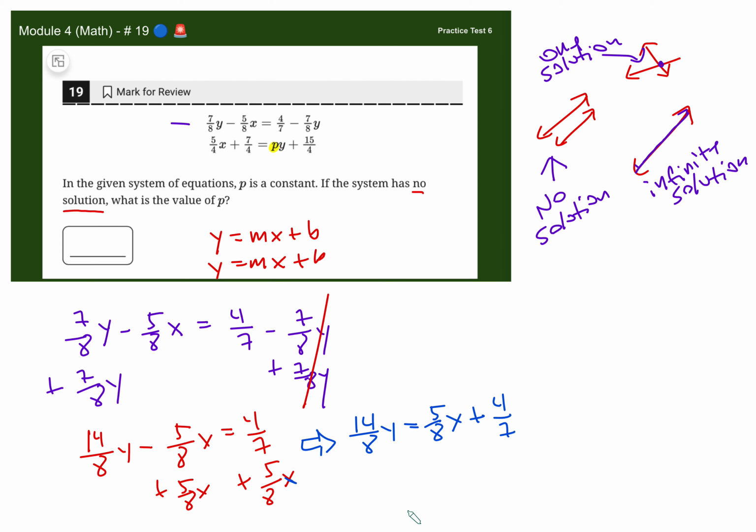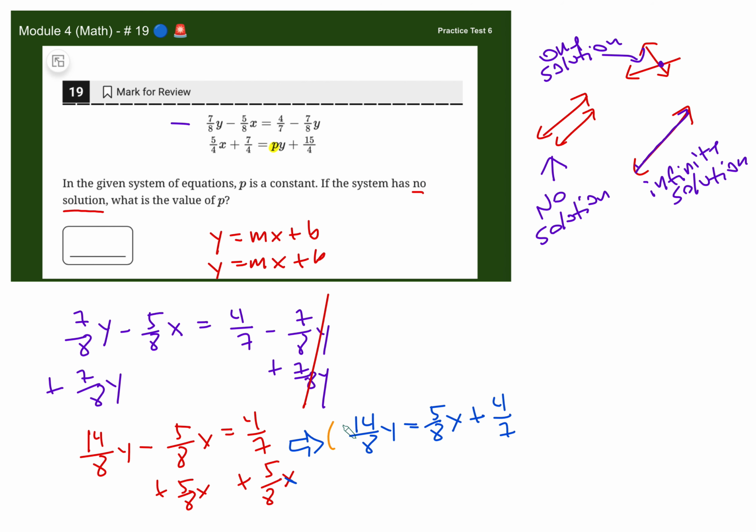Then to get y by itself, I'm going to multiply everything all the way across by the reciprocal of this value. That will create a 1 right here, and I'll have y equals mx plus b form.